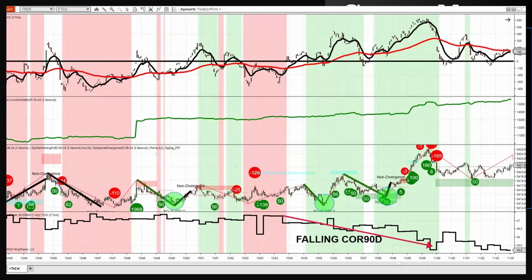The last panel down here is the Core 90D, and this is again one of my indicators that I use to pick it up. And we can see that, especially as we get into 10:55 to 10:58, where we have these real nice long signals, the Core 90D had been falling.